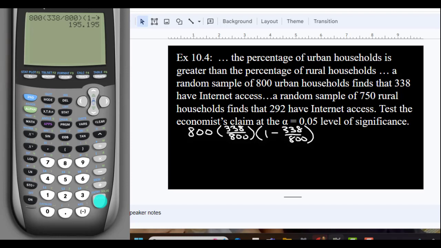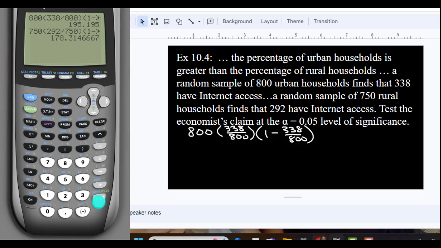Then we're going to do the same thing, but we'll replace this with the smaller sample size of 750 times 292 divided by 750, times 1 minus 292 divided by 750. Again, this is kind of a technicality with sample sizes that high, but just to double check, and we get 178.